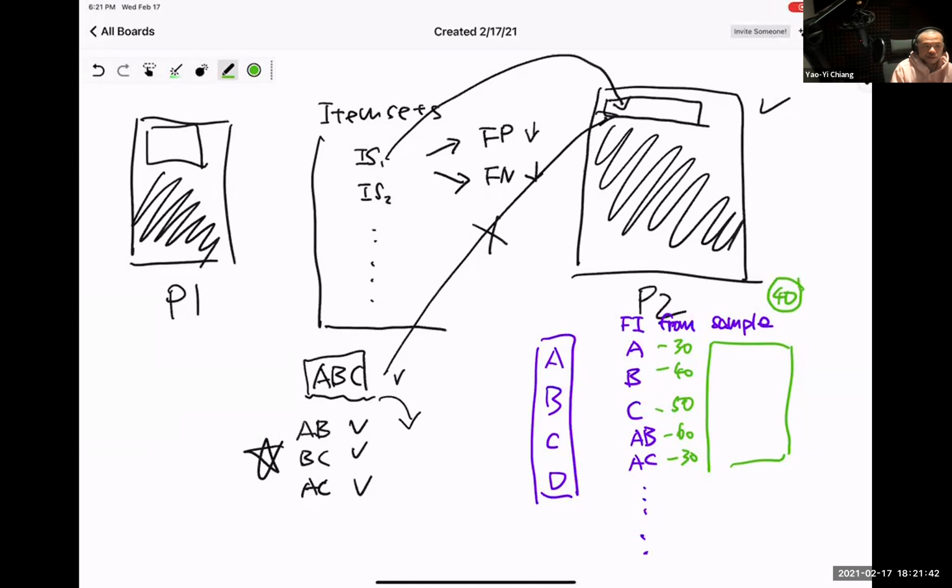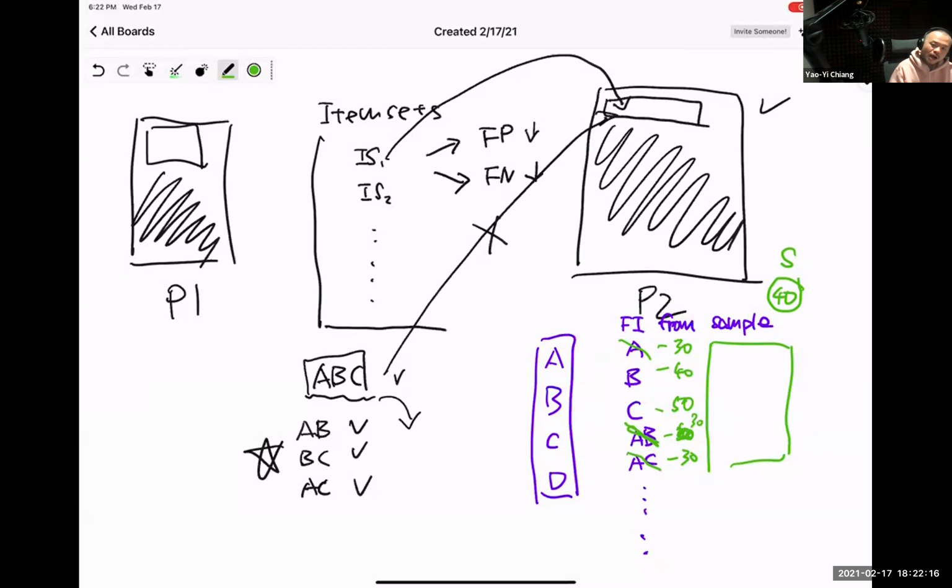What are the itemsets that are your false positives, and you can remove them based on this example? This is your support threshold. You can remove A. What else can you remove? AC. Okay, bad example because AB cannot be used. And AB. Okay. So A, AB, and AC, because AB here is 30 as well. Great, you remove false positives.